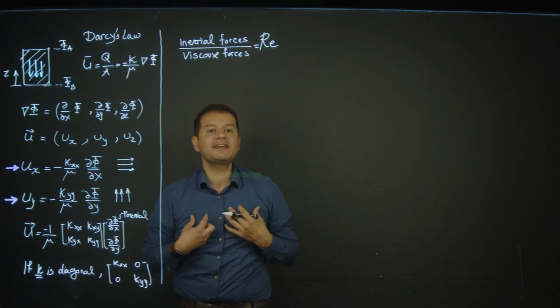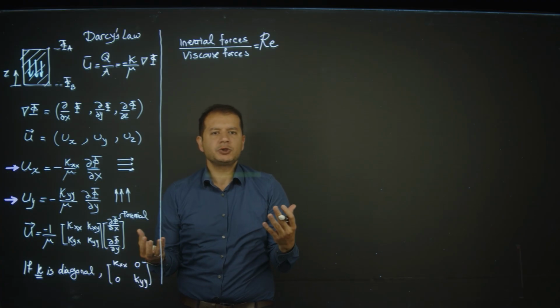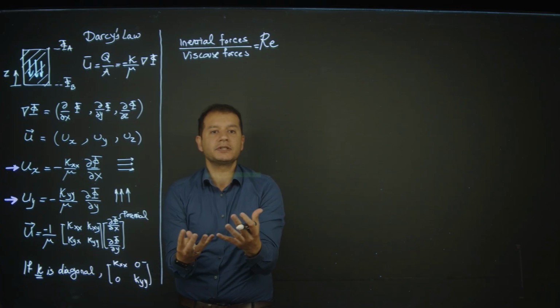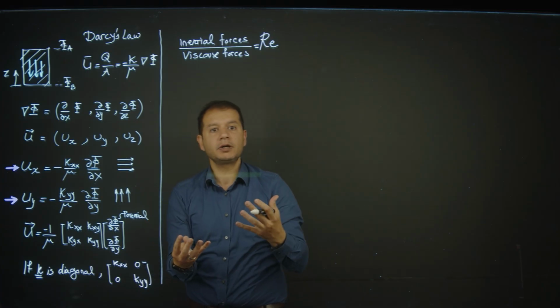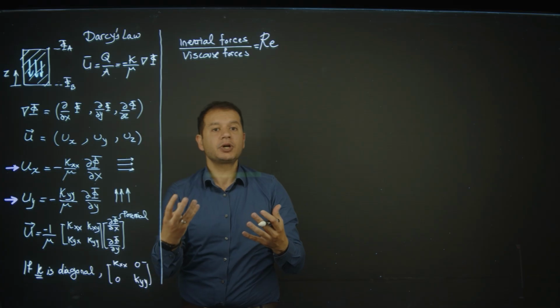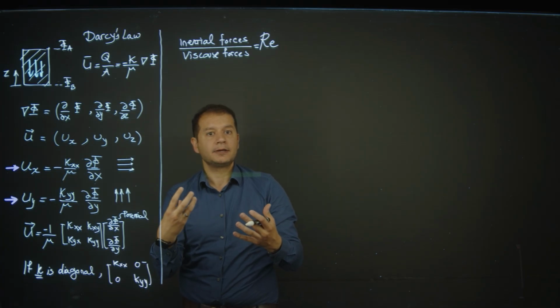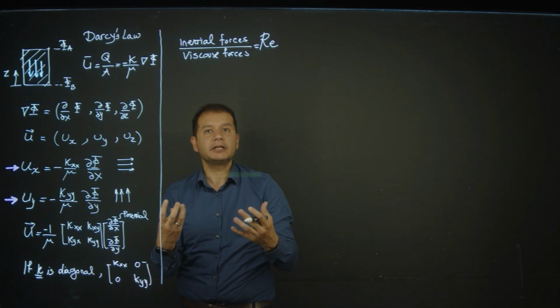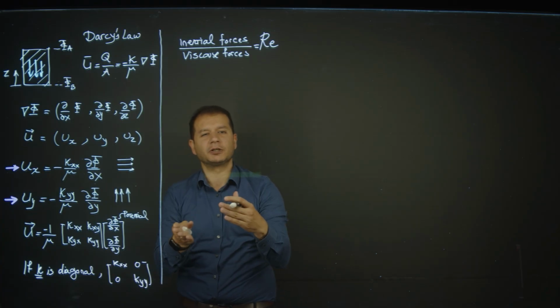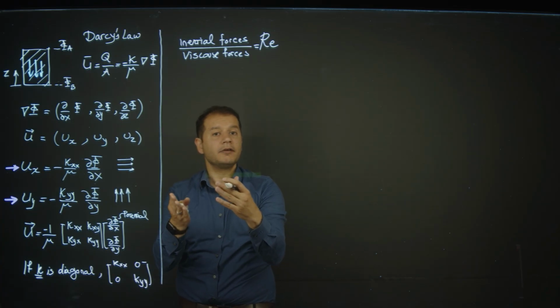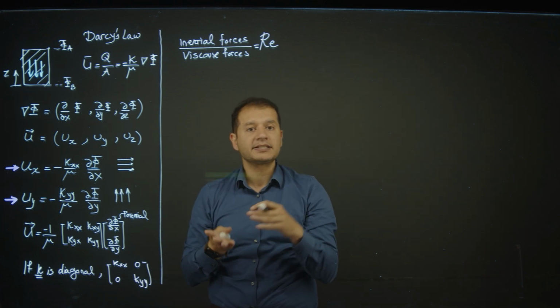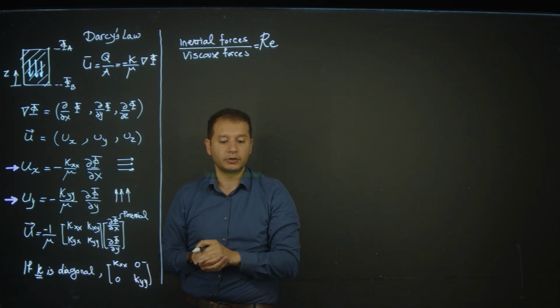It gives us a feeling for the ratio between two different acting forces on the fluid flow, viscous ones and inertial ones. Inertial ones are related to acceleration, deceleration, mass of the system, momentum. Viscous forces are the shear, the resistance. Those are characterized by the viscosity and the shear acting on the fluid flow.